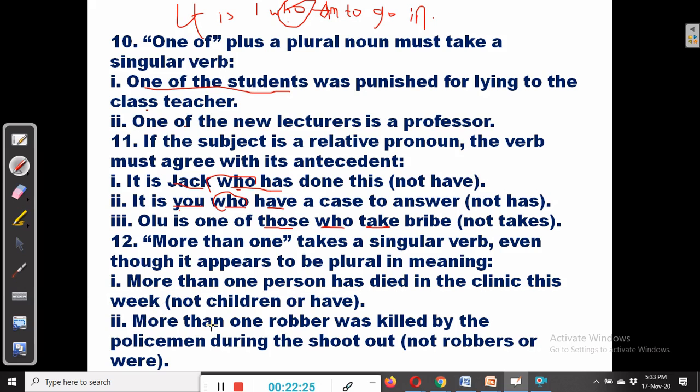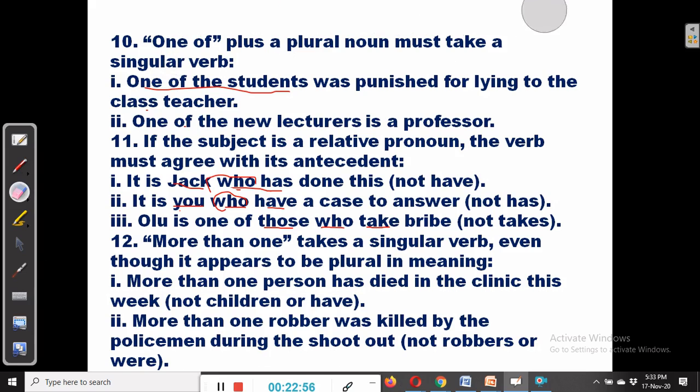And when you say more than one robber was killed by the policemen during the shootout, not "robbers" or "were". You cannot say more than one robbers. So more than one robber was killed by the policemen. So that's exactly the way it is.